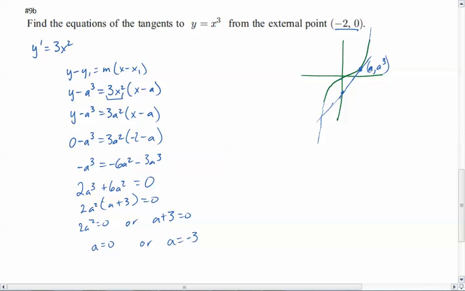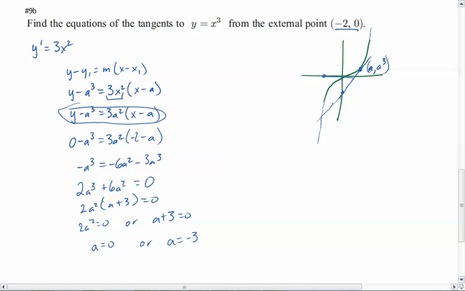So there we go. That means we have two possibilities. When a is 0, if we put 0 in for a into our equation here, remember this was the equation before we put in this external point, to show that we wanted to be able to get the derivative from that specific point. And I totally drew this wrong, didn't I? It should have been -2, 0, which would have given us a couple of different places, which is fine.